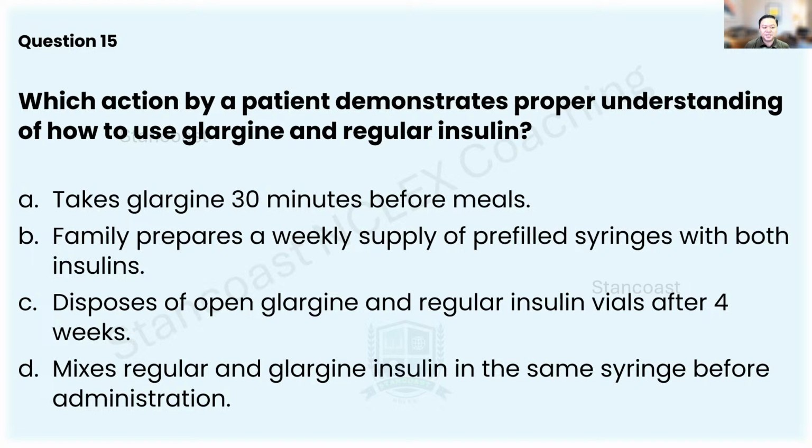Or C, disposes of open glargine and regular insulin vials after 4 weeks? Or D, mixes regular and glargine insulin in the same syringe before administration? So you're going to look for that option that reflects understanding in the proper use of the glargine or the Lantus and regular insulin.